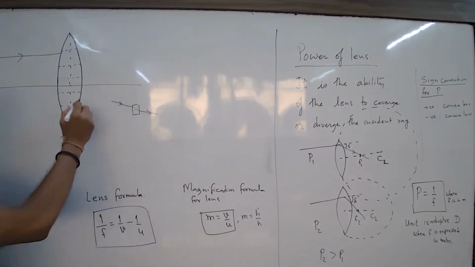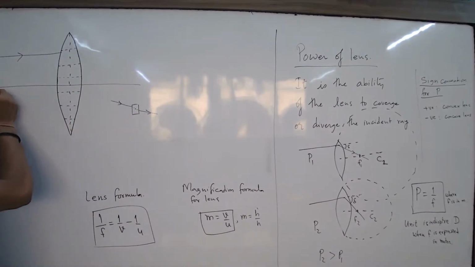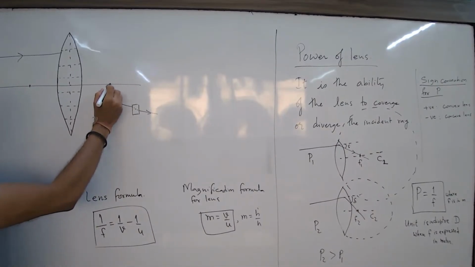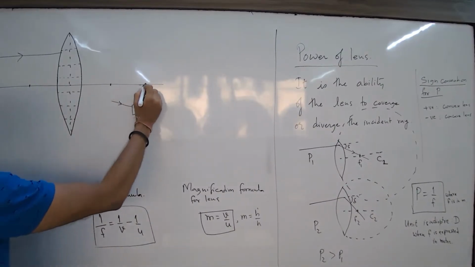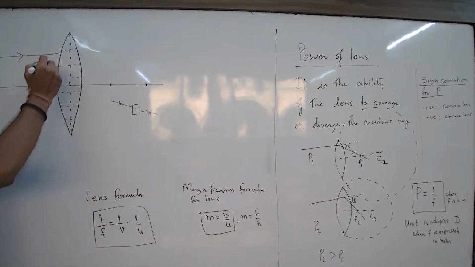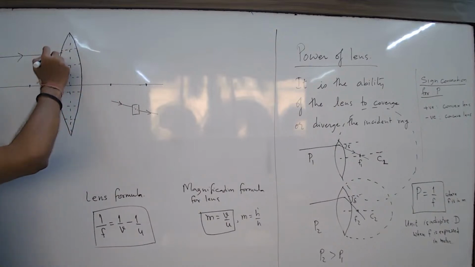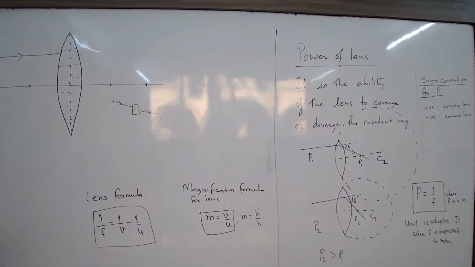So basically, you have two centers of curvature, one on the left and one on the right. This is the point of incidence at the first surface. What is the normal at this point? Because for refraction you require a normal.